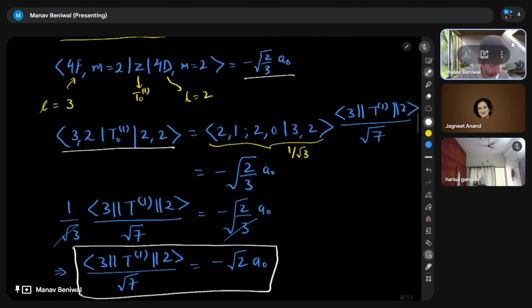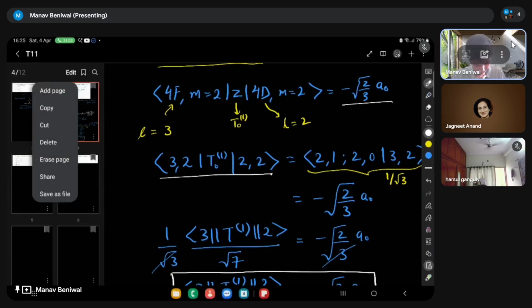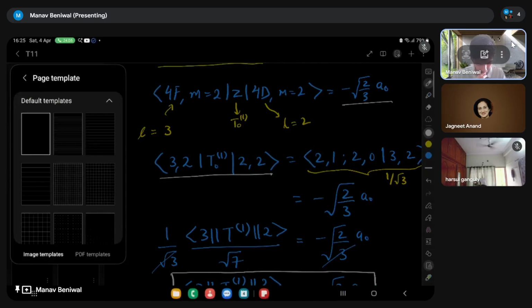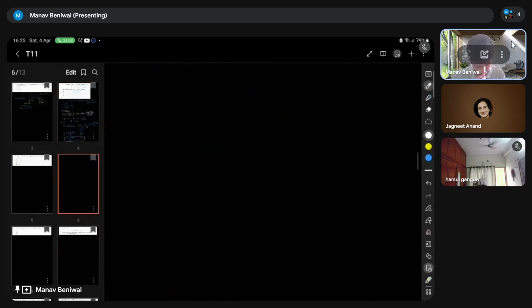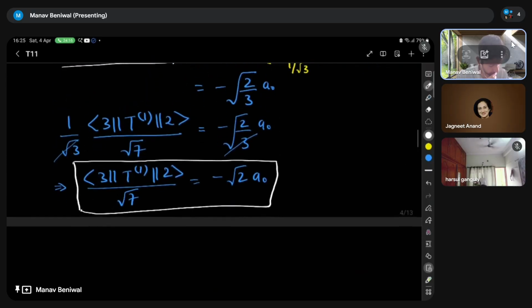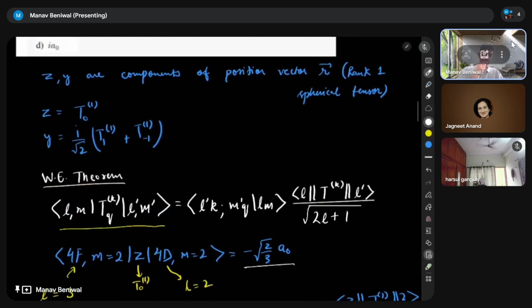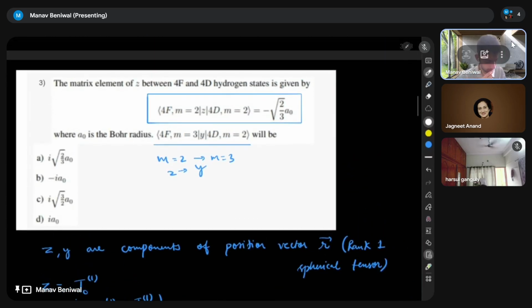Let me add a page. Okay, so going back, let's just review what we have done. This was given to us, and we need to find this.